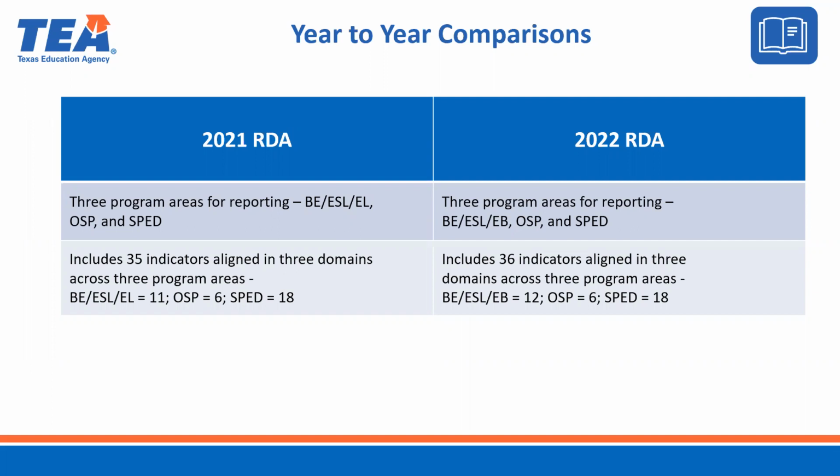The additional indicator for BE, ESL, EB is indicator number 3, Alternative Language Program, or ALP, star 3 through 8 passing rate, report only, no PL assigned. Additional information for this indicator is found on page 21 of the 2022 RDA Manual.